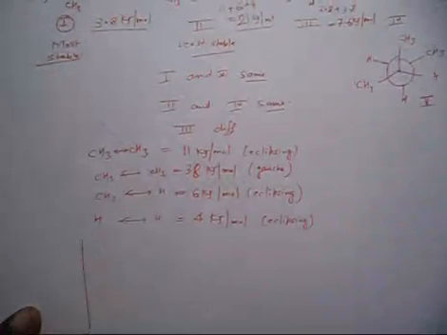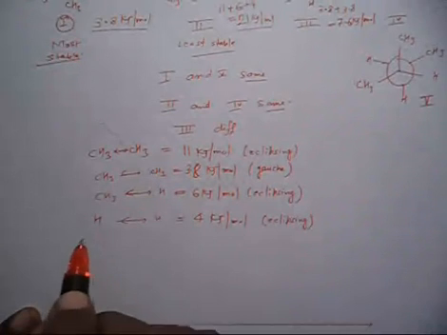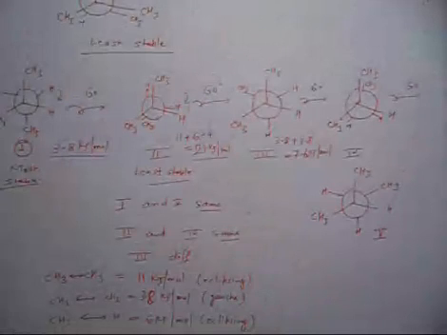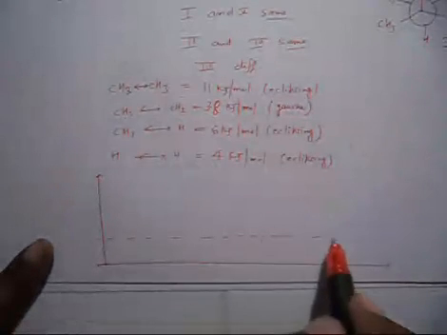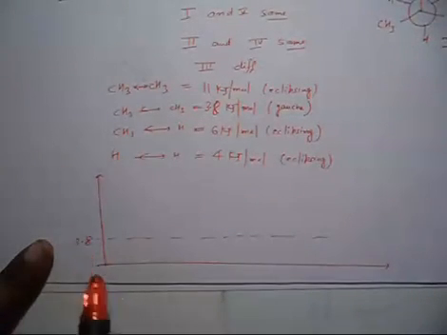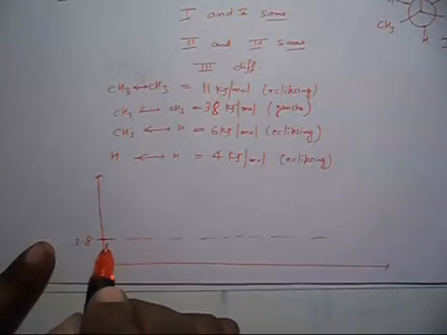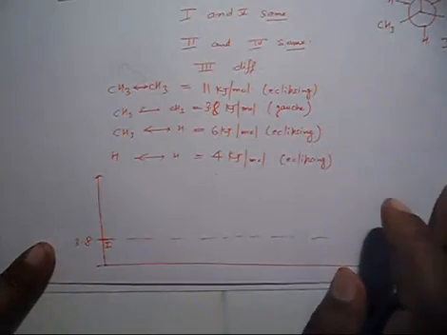So the potential energy diagram will look something like this. Conformer 1 has the lowest energy, 3.8 kilojoules. So let us say we have 3.8 somewhere here. This is my 3.8 kilojoule line. This is the first conformer, and it is the most stable.